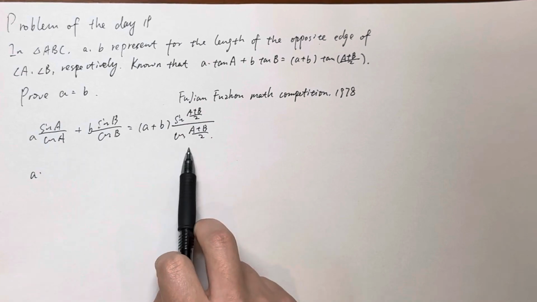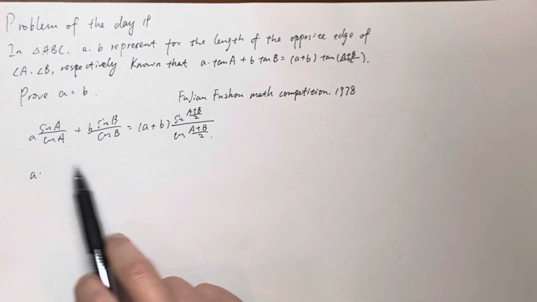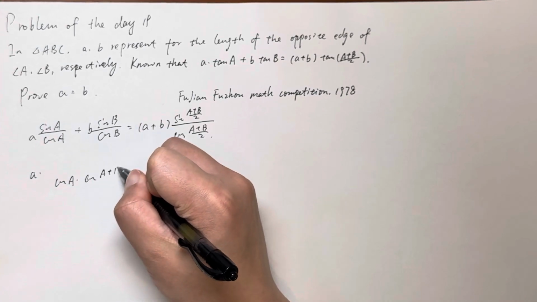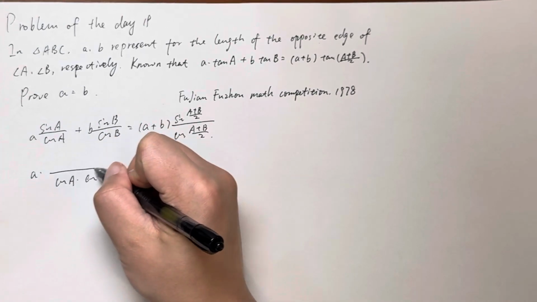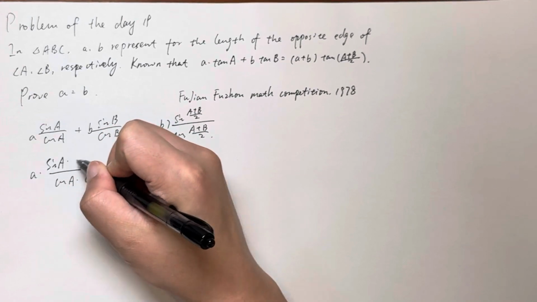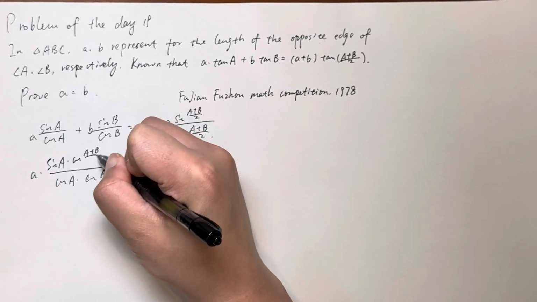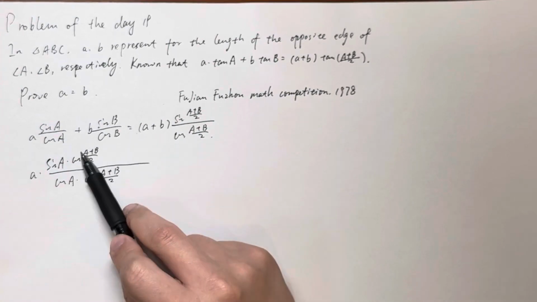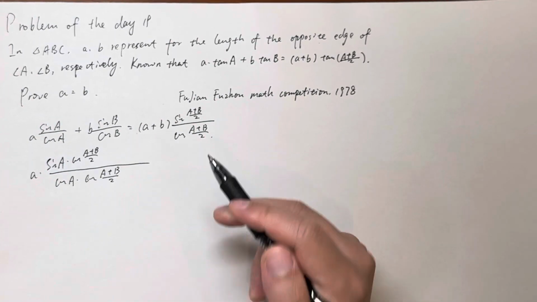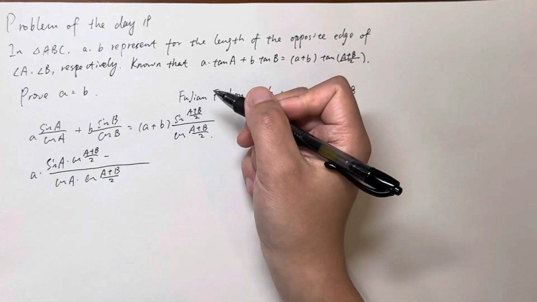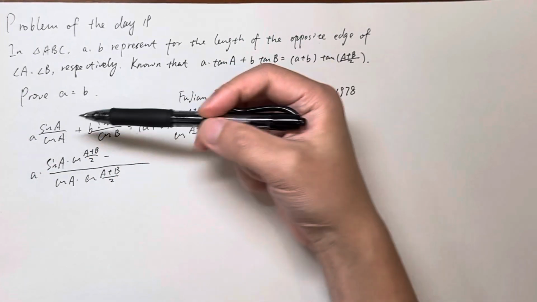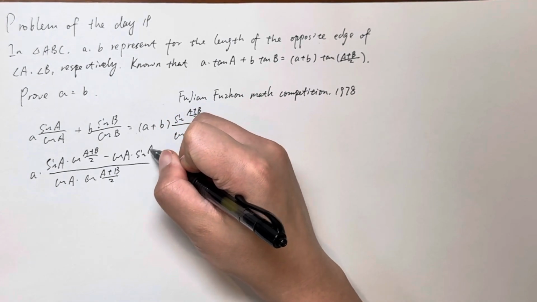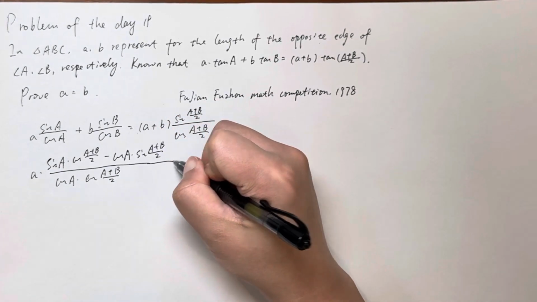And we can rewrite these terms with cos of (A plus B)/2 times sin A times cos of (A plus B)/2, right? And because here is a positive sign, shifting it to the left side of the equation would make it negative. We have negative cos A times sin of (A plus B)/2.